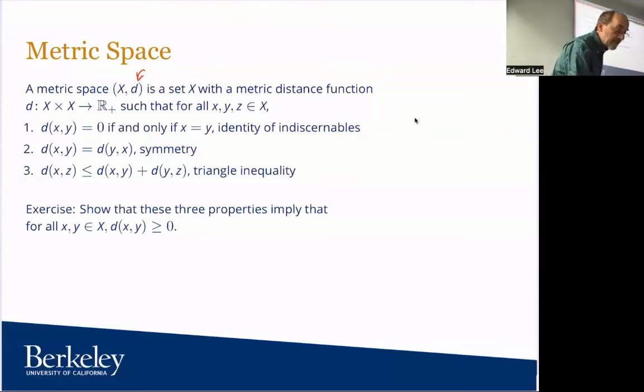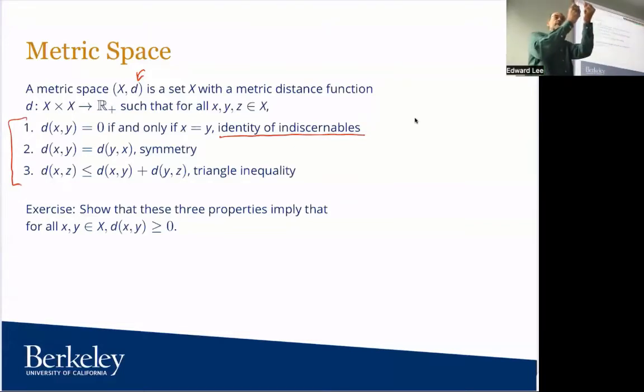And that function has to satisfy three properties. It has to satisfy what's called identity of indiscernibles, which means that the distance is zero only if the two arguments are the same. Makes sense, right? Distance between two objects should be zero only if they're the same object.